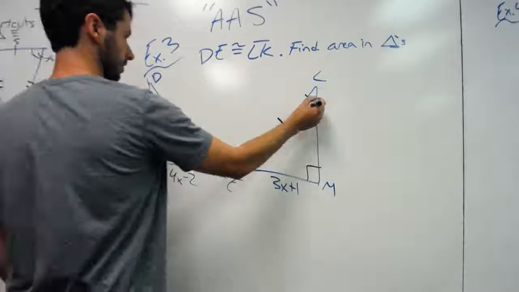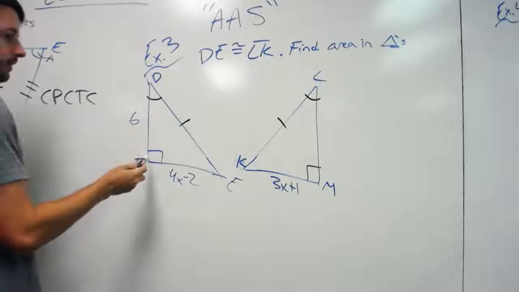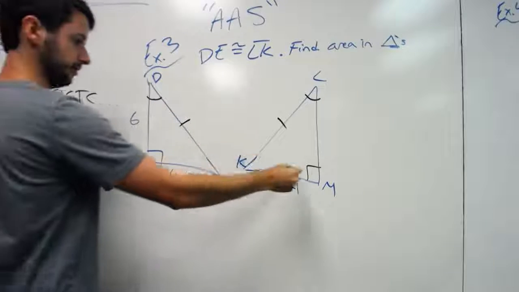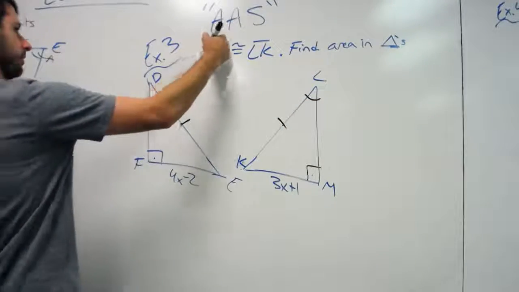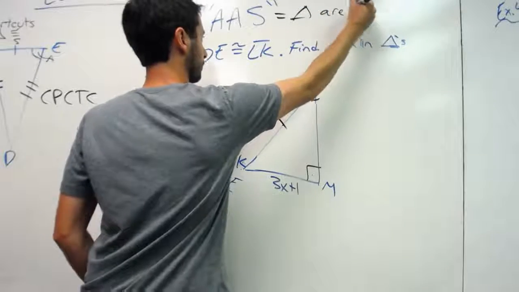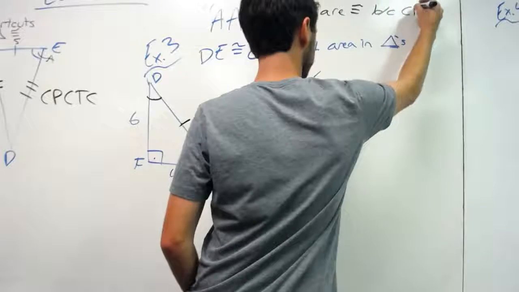It actually does show that in the problem. I just forgot to write that early on. But because of angle, angle, side in both of them, the triangles are therefore congruent because of CPCTC.